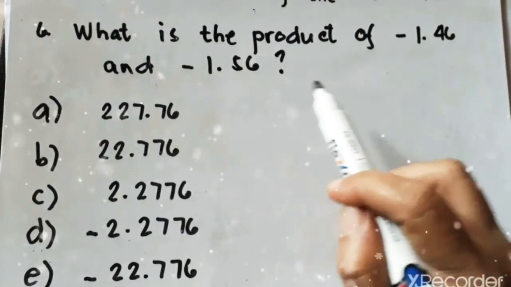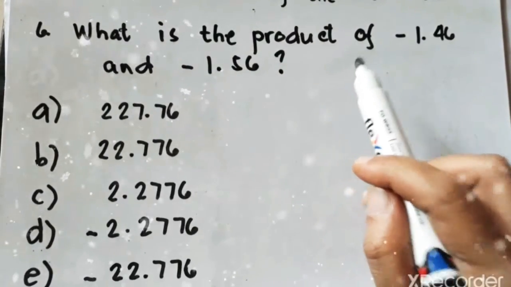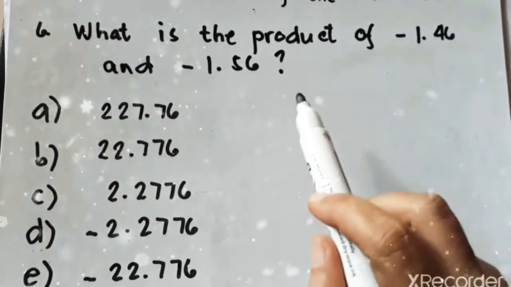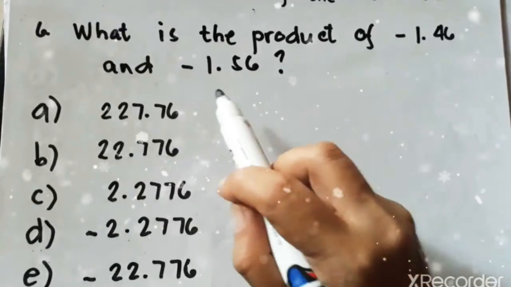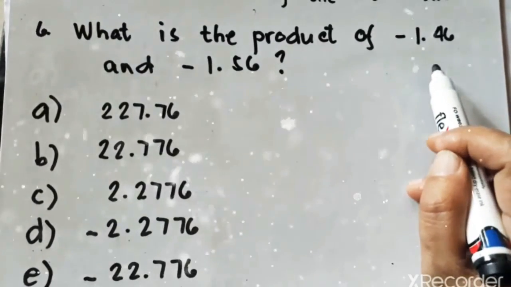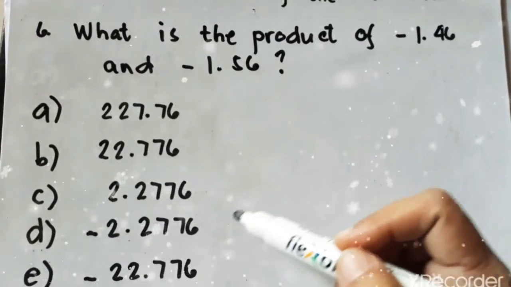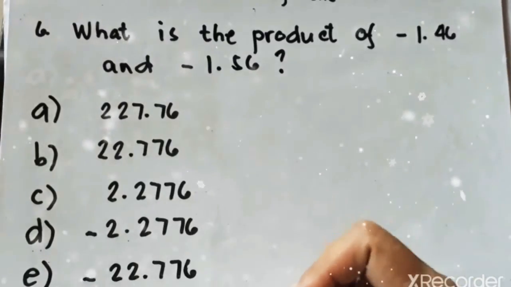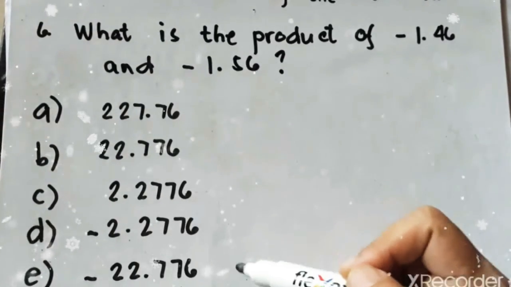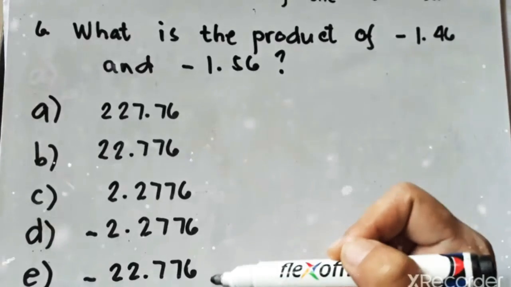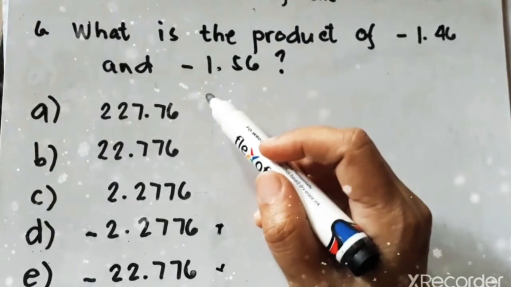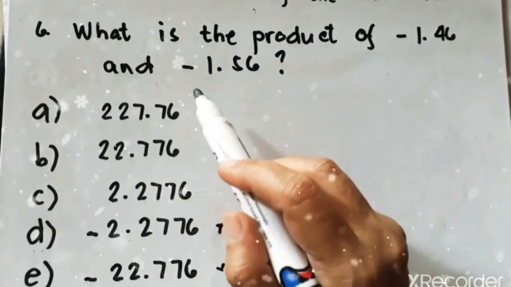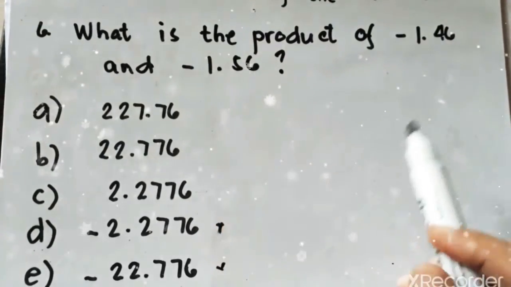So our question here is asking for the product. So multiplication. Now in multiplication, negative times negative is positive. Then these two here, D and E, are already wrong because they have negative signs. So what's left from our choices? We have A, B, and C.